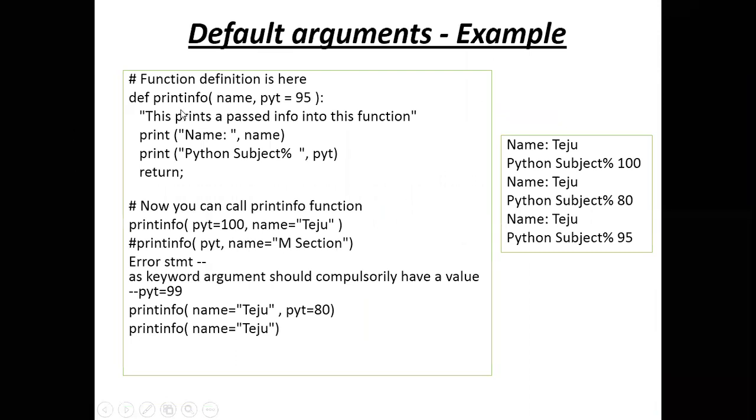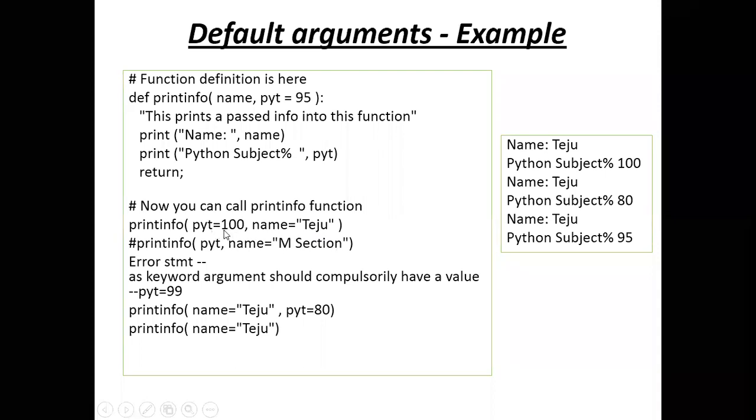Now see, in default argument I'm defining the function name, comma pyt equal to 95. So here itself I'm giving the value. Next I'm printing the name, and as usual the Python subject percentage. While calling this print info function, I'm passing pyt equal to 100, comma name equal to Teju.